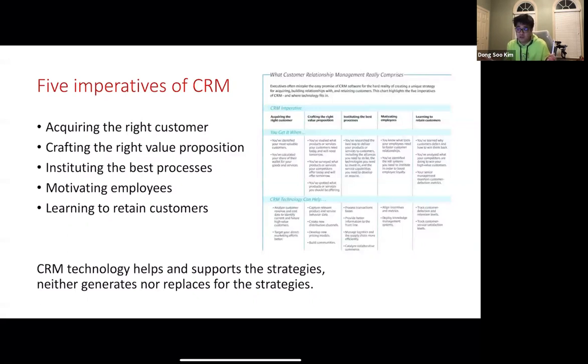There is no free lunch. CRM technology neither generates nor replaces the strategies. It's our job, the managers', and your job in the future. The CRM technology just helps and supports the strategies.